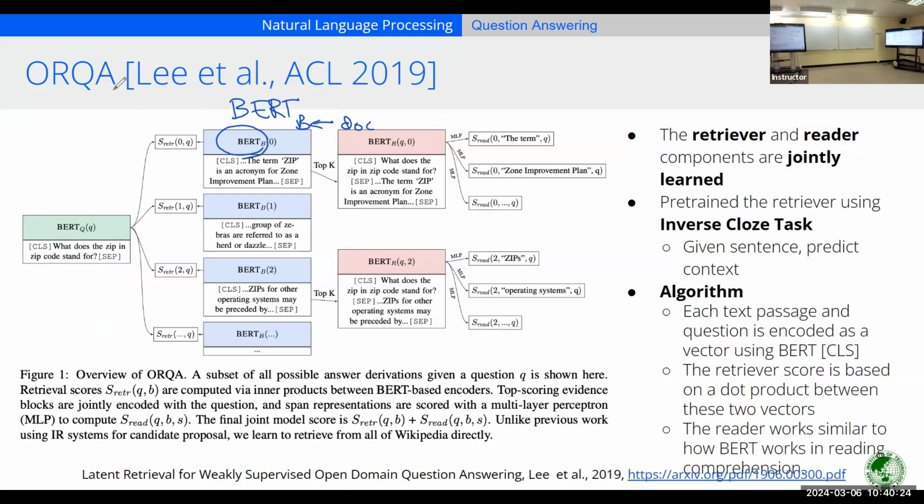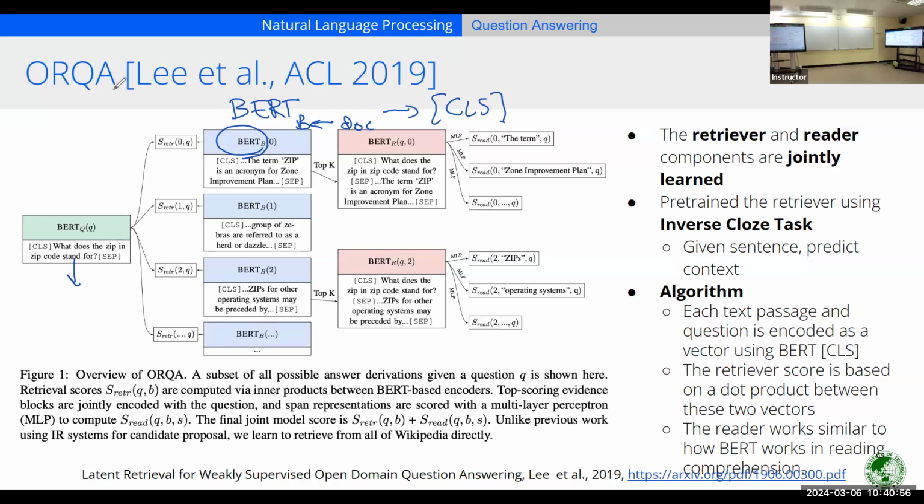So you insert the document, and similarly, you take only the CLS, and it will give you the representation of this document. So now we have two BERTs. One BERT gives us the embedding for the question, and another BERT gives us the embedding for the document.